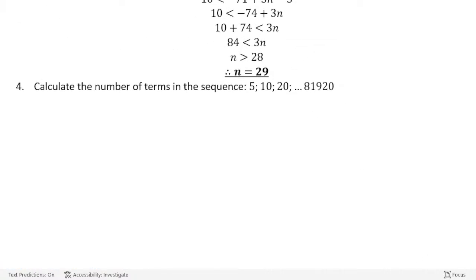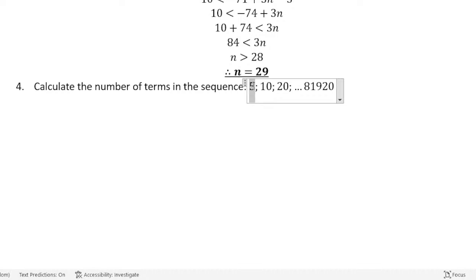I hope you can see it clearly. Okay, seems like it's not appearing. Yes, now it's appearing. So number 4, it says calculate the number of terms in the sequence.